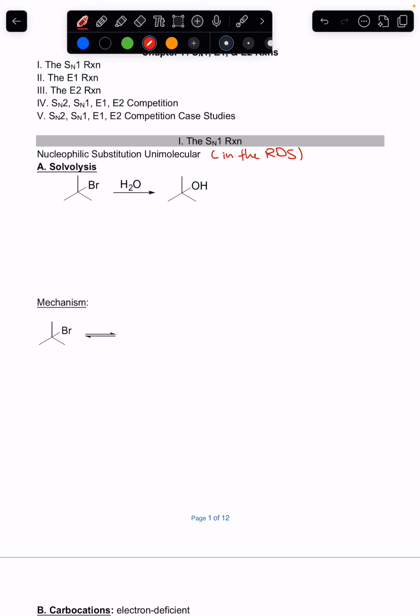Another thing I want you to notice in this reaction, unlike the SN2 reaction, is that water is, do you remember what kind of nucleophile? It's a fairly poor nucleophile, and yet this works.